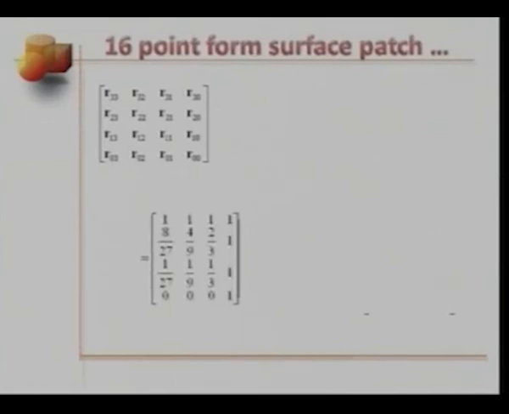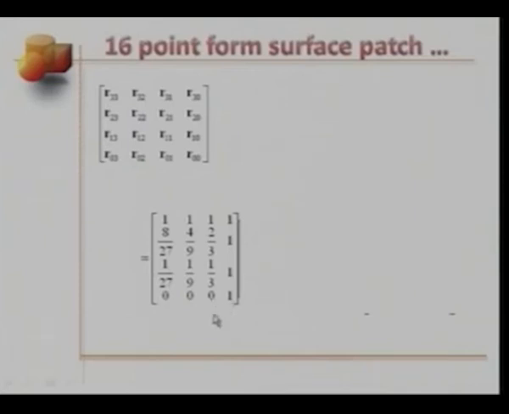This would be equal to this 4 by 4 matrix here with elements 1, 1, 1, 1, 8 over 27, 4 over 9, 2 over 3, 1, 1 over 27, 1 over 9, 1 over 3, and 1, and 0, 0, 0, 1.